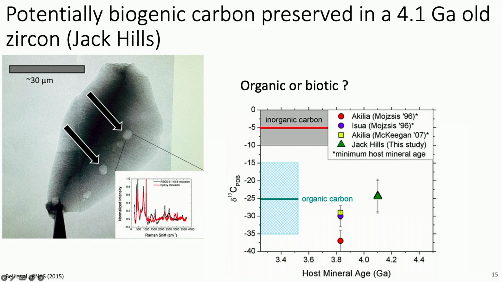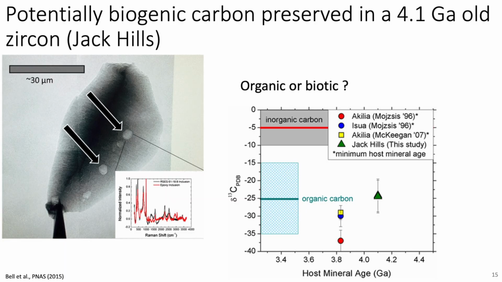So how to distinguish biotic and non-biotic carbon? Or another way to put it, organic and inorganic carbon, because there's always this debate whether organic is necessarily biotic or not. I think it's not necessarily, but it's been interpreted the other way in this paper.